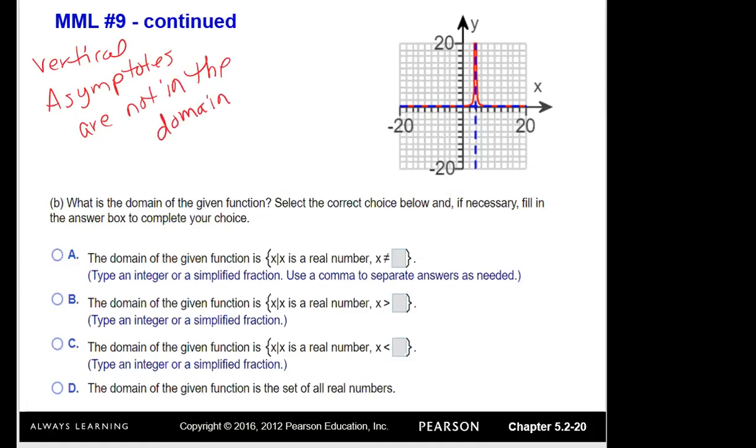So in this picture, this vertical line is x is equal to 4. So x cannot equal 4, and that would be choice A. Yep, it's only 4 that's left out of that.